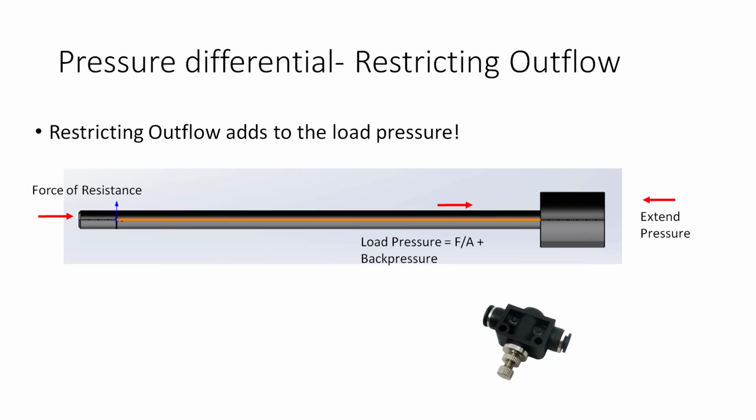They could be inline, they could be fitted to the exhaust valve. It doesn't really matter where you put them. What this does is restrict the flow of air coming out of the piston as it moves opposite to its extension. You can put these on both sides. They only restrict flow in one direction though. So restricting my outflow also adds to the load pressure and slows the piston down. And we'll look at that in our lab.